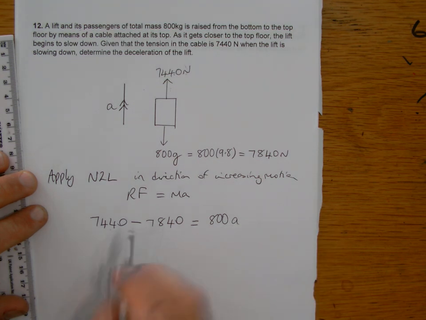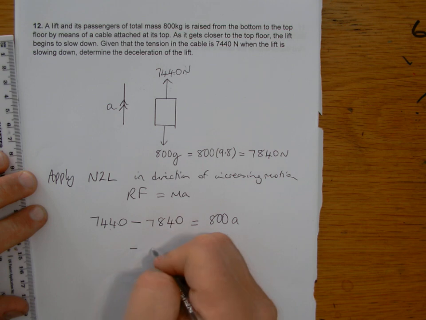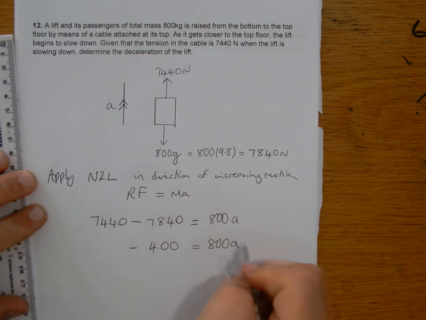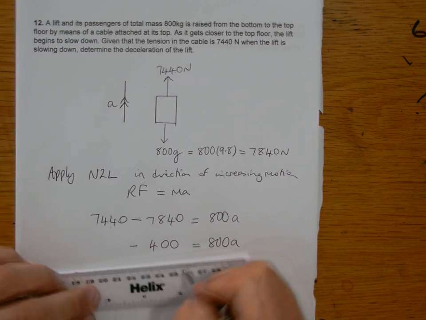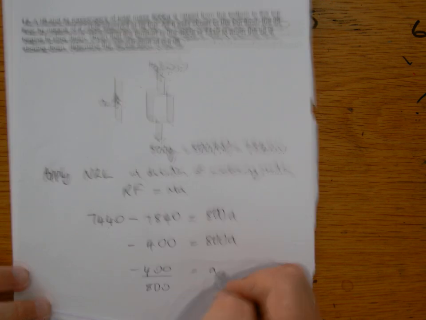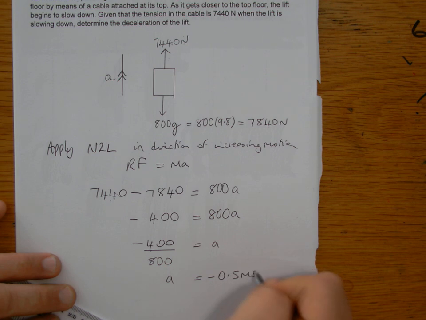A smaller number take away a bigger number ends up with a negative: negative 400 equals 800a. If we divide by 800, we get a equal to negative 0.5 meters per second squared.